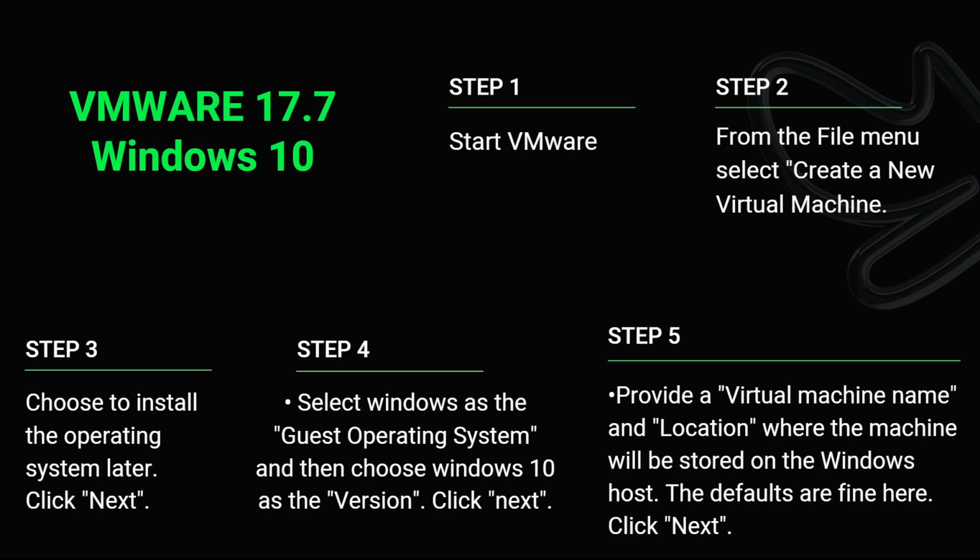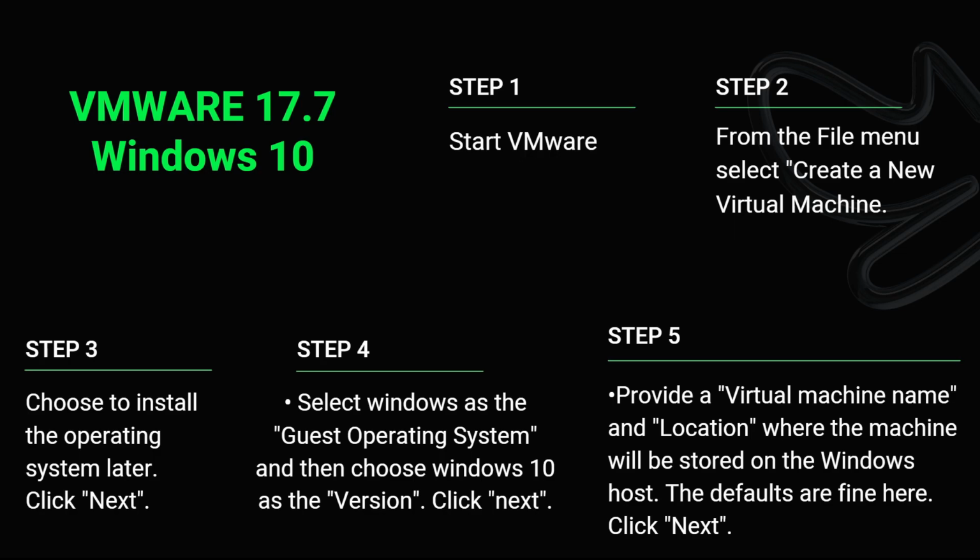These are the steps for how we can create a virtual machine with VMware Workstation. The very first step is to start VMware. Next, from the File menu, select Create a new virtual machine. Third step is to choose to install the operating system later and click Next.